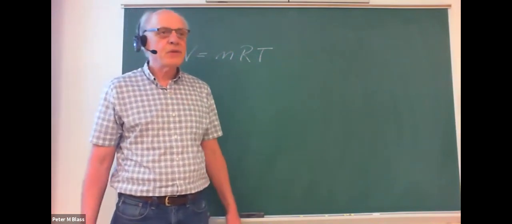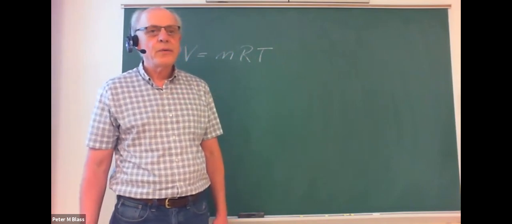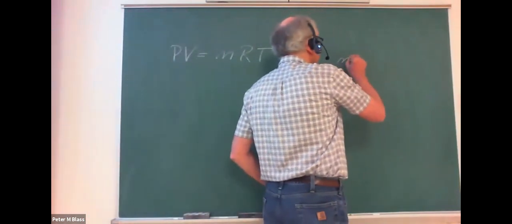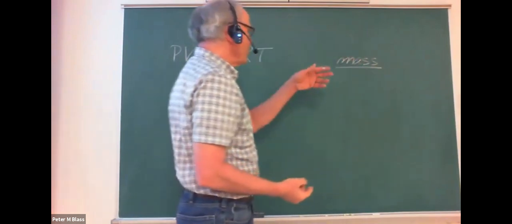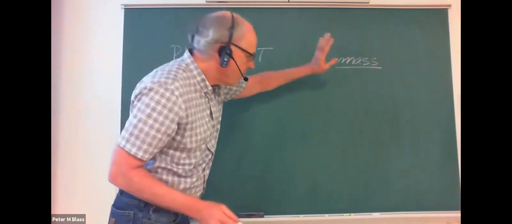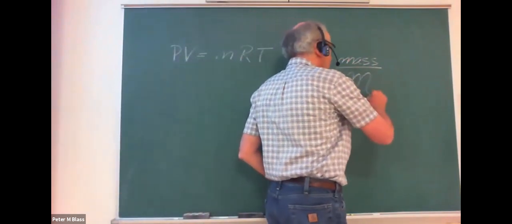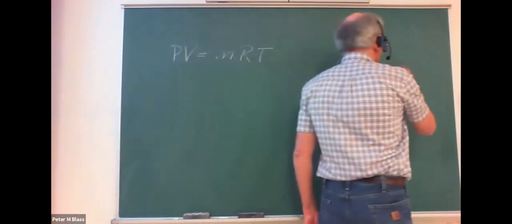Well, you've taken enough chemistry to know you'd have to divide by the molar mass, wouldn't you? Right? You take the mass and divide by the molar mass, and you get moles. So for instance, I'll write that down what I just said. I'll just use mass because there's too many M's and N's and stuff. I'll just say mass divided by the molar mass. And we've been using this script M for that. Gives you moles.